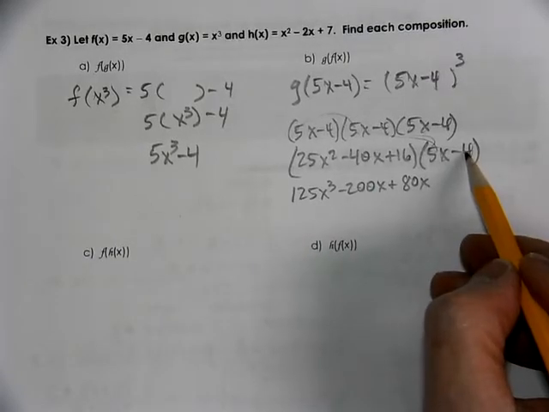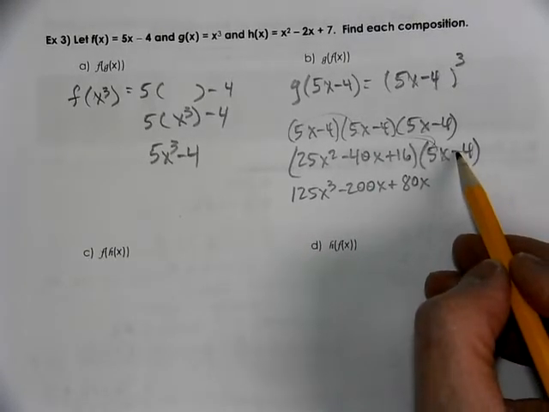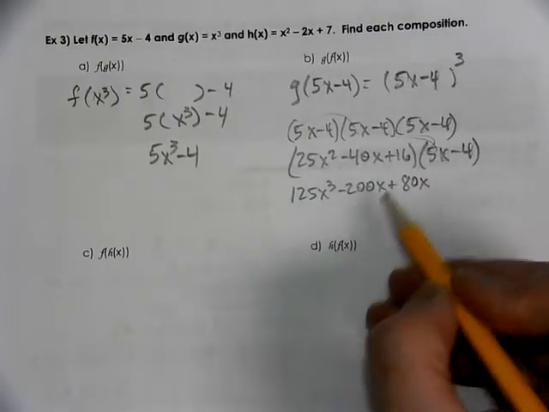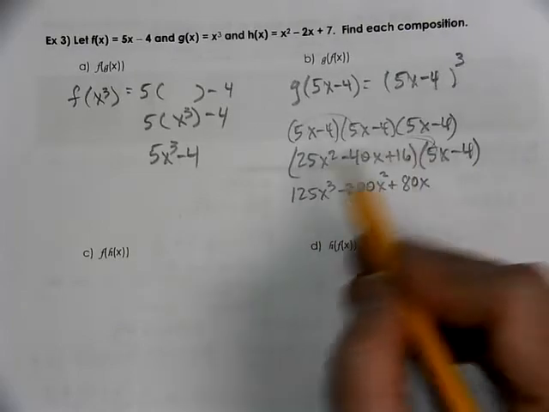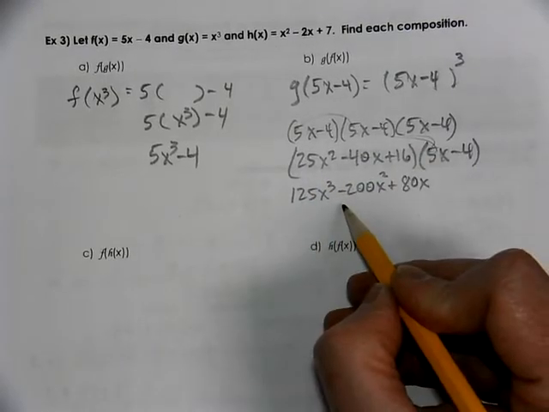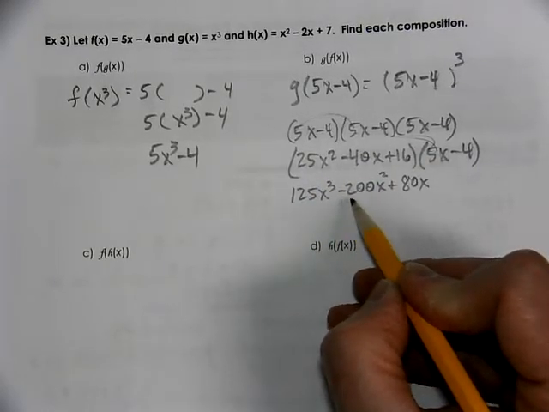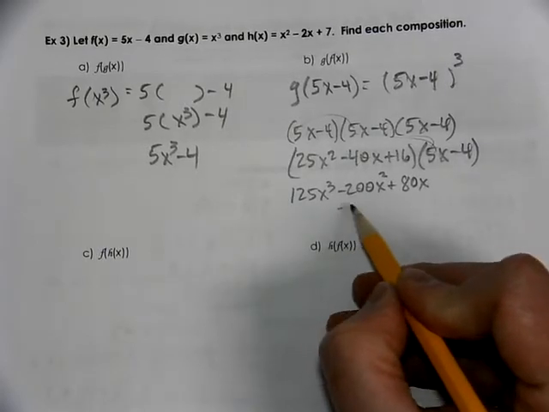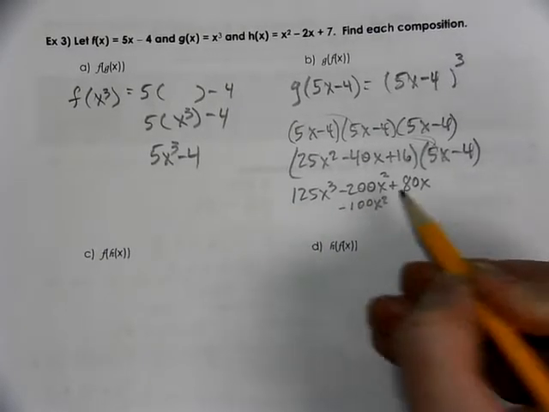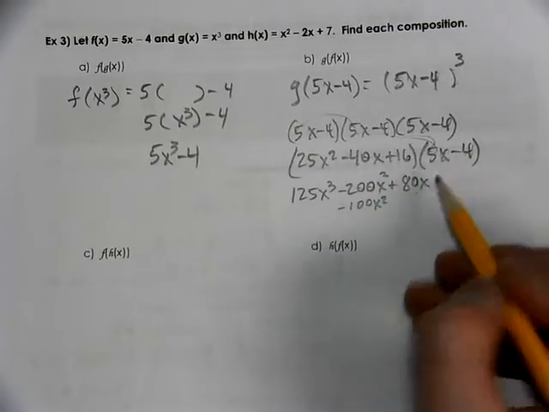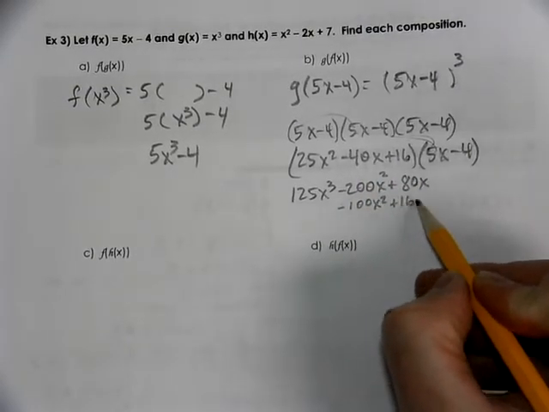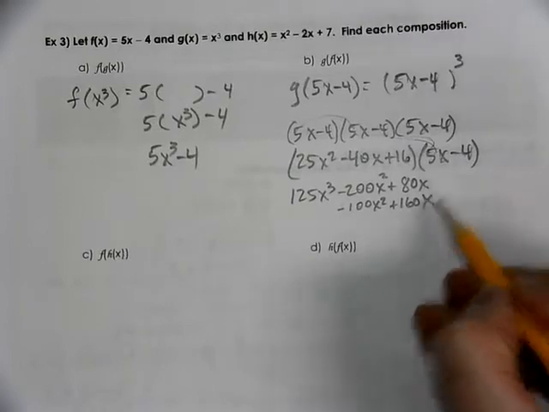Then you multiply it all by the negative 4. So negative 4, this would be squared, by the way. Negative 4 times 25 would give you a negative 100x squared. And negative 4 times 40 would give you a positive 160x.